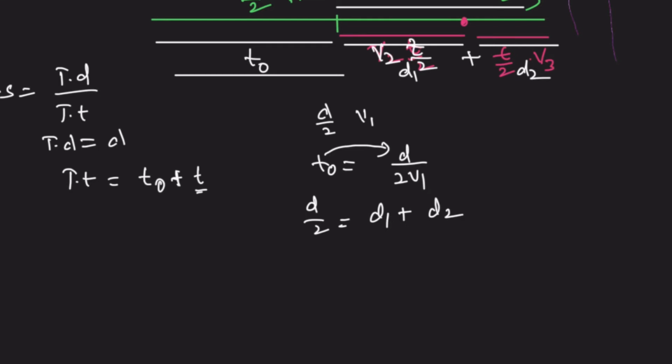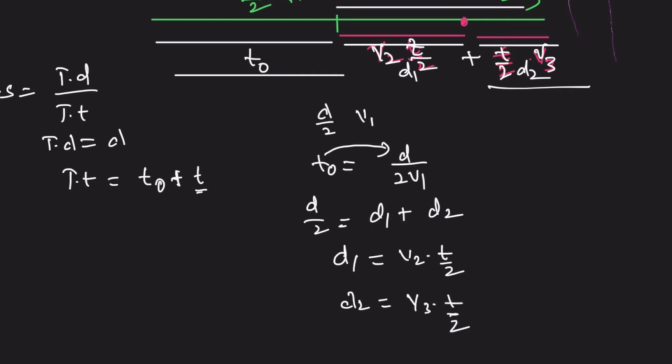So d1 is equal to speed into time, v2 into t by 2. What is d2? The body moves with speed v3 and time t by 2, so v3 into t by 2.